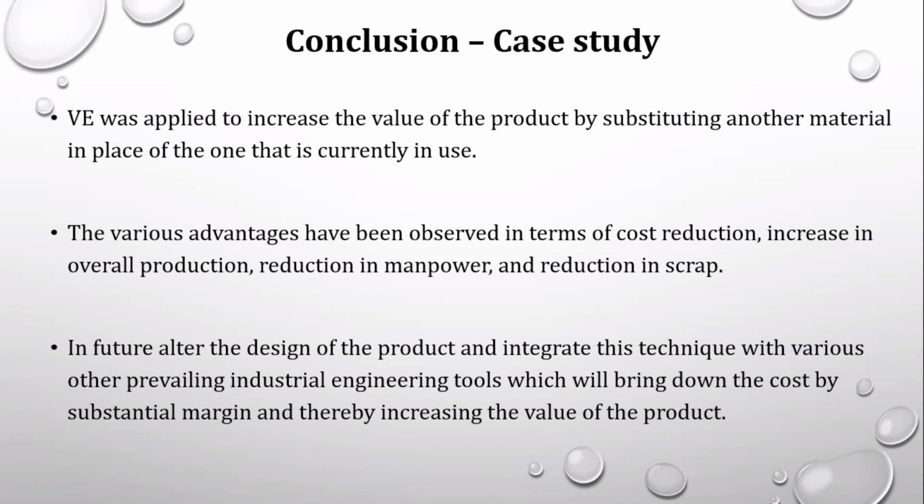Okay. So all the benefits. In future, alter the design of the product and integrate this technique with various other prevailing industrial engineering tools, which will bring down the cost by a substantial margin and thereby increase the value of the product. Okay. So this is one example.